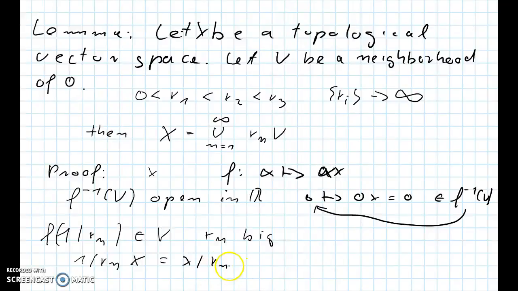And this now is in V. This means that x is an element of r_n V. And this shows that every x is in a set r_n V, and this shows that all of X is in the union over the sets r_n V. And this concludes our proof.